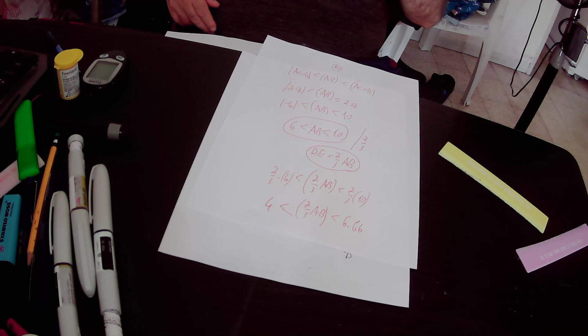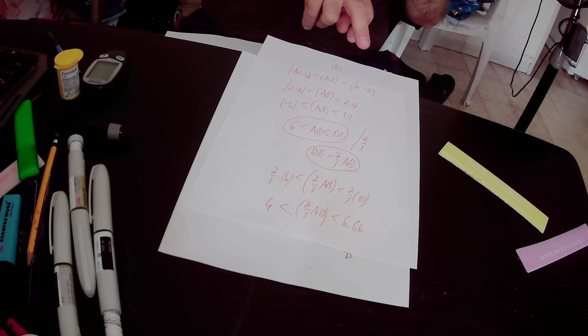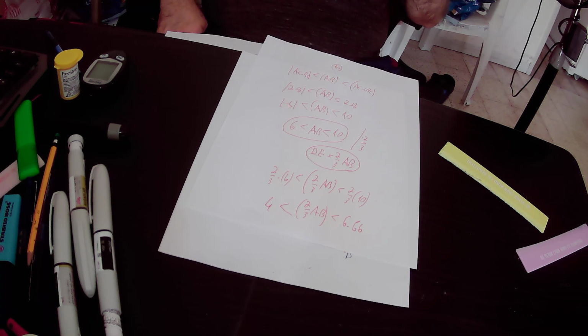But we know that AC equals 2 units and BC equals 8 units. So AB is smaller than 2 plus 8, that is 10 units, and greater than 2 minus 8, that is minus 6, and the absolute value of minus 6 is 6. So AB is greater than 6 and smaller than 10.